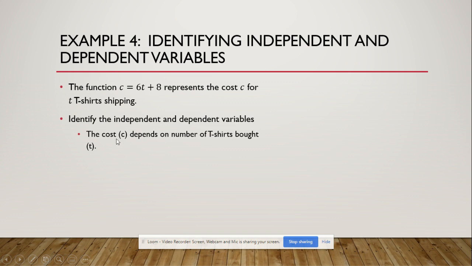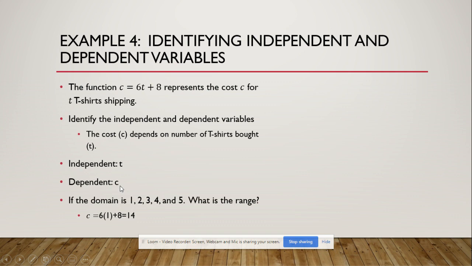The cost is going to depend upon the number of t-shirts you buy. Okay, so c, cost, notice it's the one that's dependent upon the other. C is going to be our dependent, which means our independent variable is t, the number of t-shirts that are bought. And our dependent will then be c.